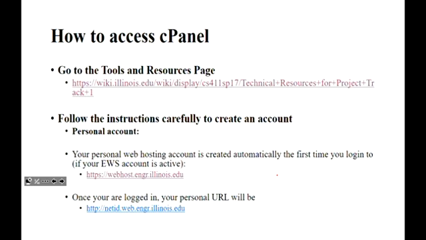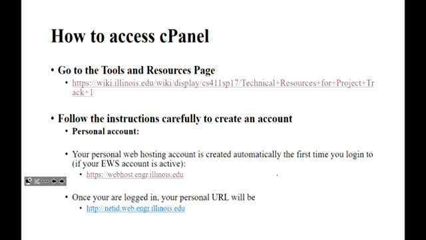Okay, so how to access cPanel? Everybody is supposed to go to the tools and resources page on our wiki, and over there should be a link for cPanel. Can you open that link? Your personal web hosting account should be active, but if it's not active, you can let us know.